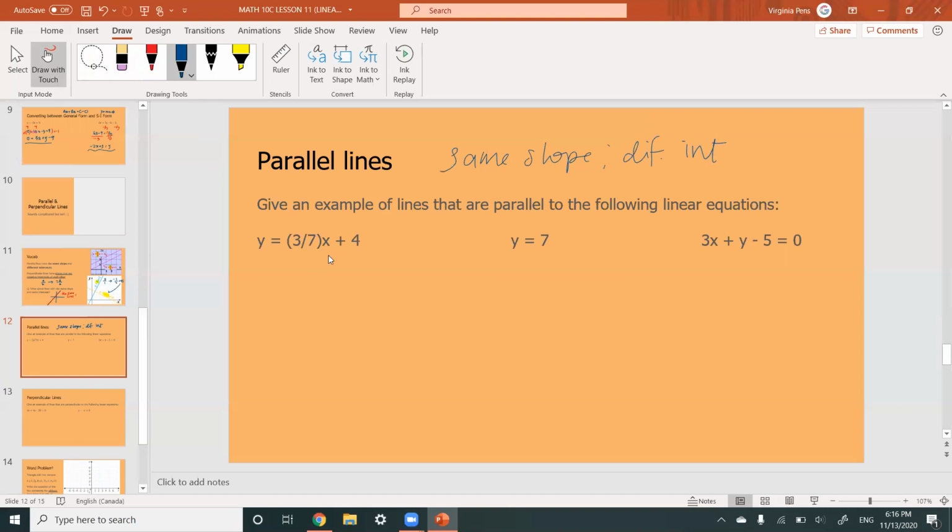So let's start off by finding the slope in the first one. Since this is written in slope-intercept form, it makes it really easy for us to tell what the slope is. It's 3/7, right? So a parallel line would have to have the same slope and a different intercept. So it could be anything but 4.